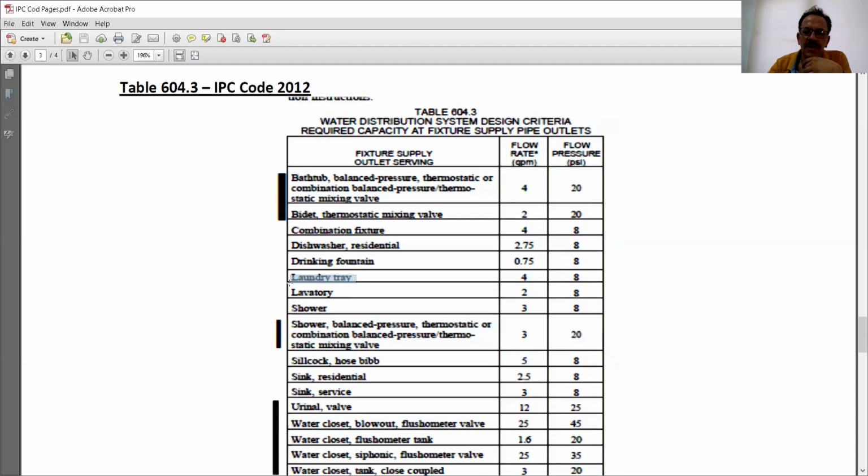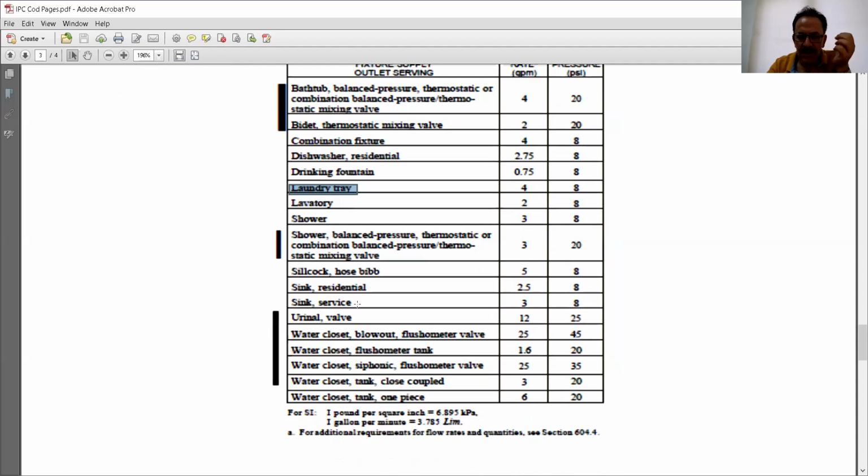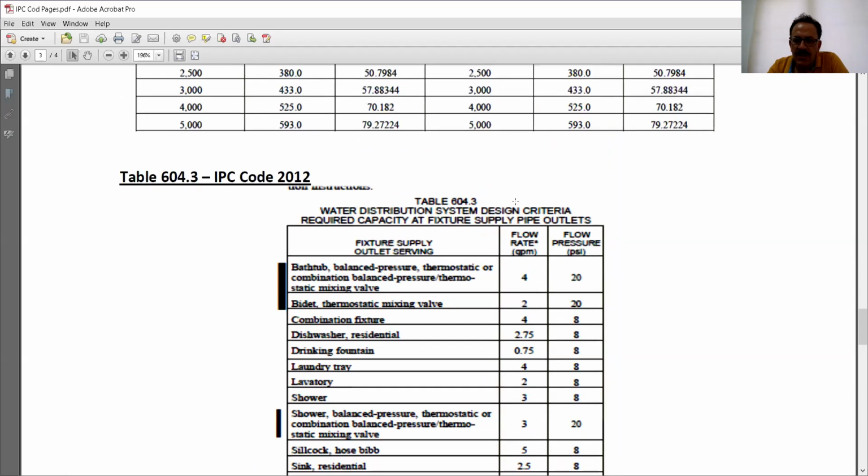This is another kind of device. The others are sinks, and urinals, which are usually used in public places. And we have water closets, in different types. So here are the most common tables that we have.